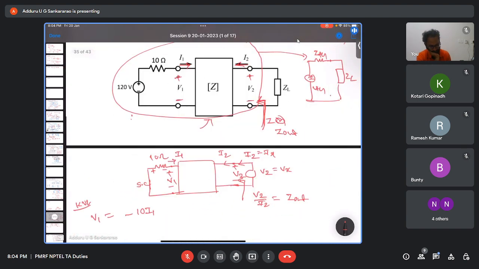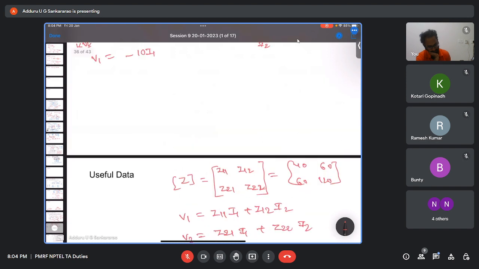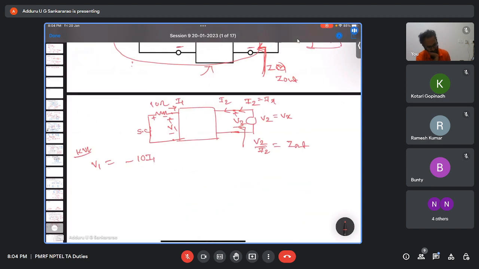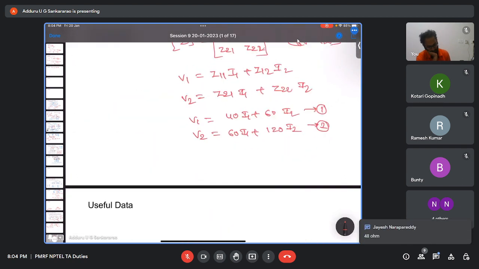Already we have these two equations, and from here we get V1 equal to minus 10 I1. So using this third equation and the first equation, what can we get?